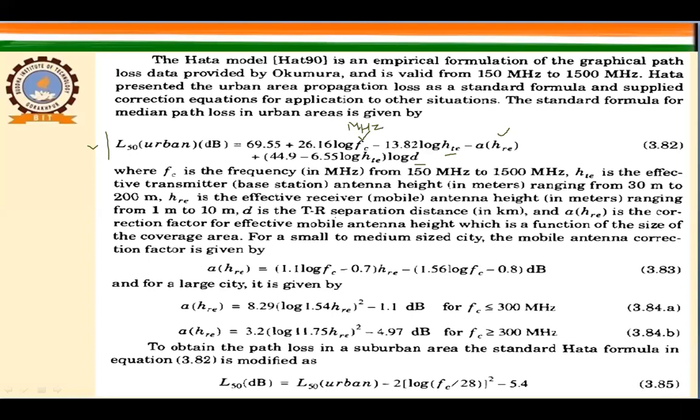So you need to calculate the 50th percentile in the urban area, and subtract twice the log of fc divided by 28, whole squared.